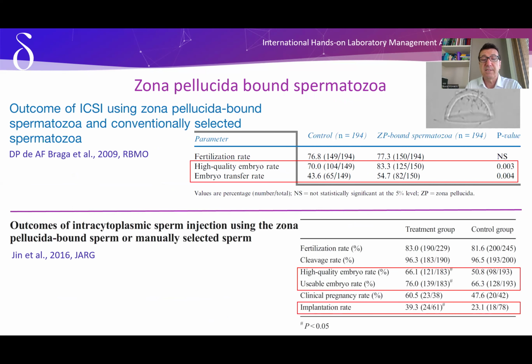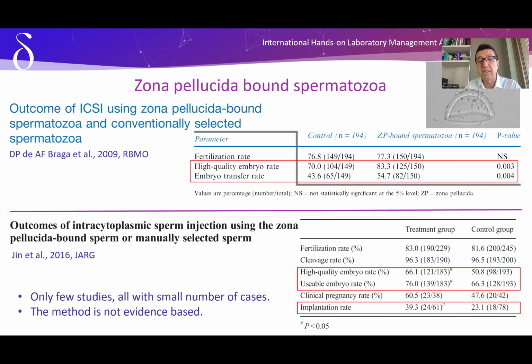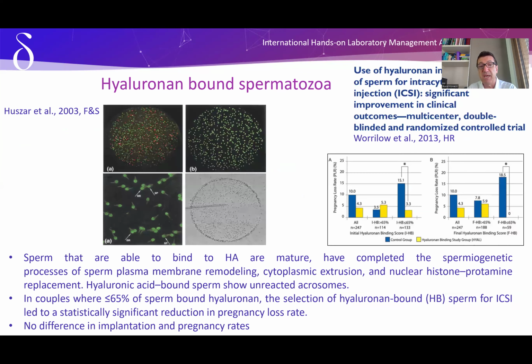The second study showed very similar results, but we can conclude that there are only few studies, all with very small number of cases, and practically it is very difficult to implement this method in clinical work, because then some oocytes should be used just for selecting embryos, and the timing can be problematic because all oocytes have a limited time when they have to be inseminated. So the method today is not evidence-based.